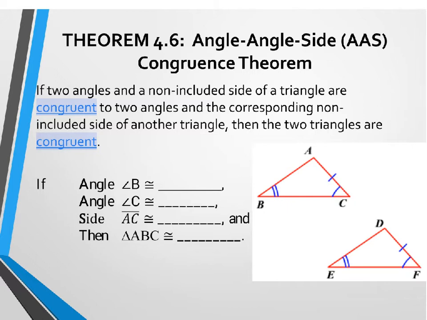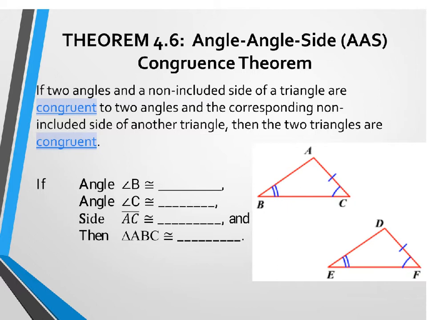So here, going in order counterclockwise, we have angle B, go to the next angle, angle C, and then side AC. And those are congruent to angle E, then angle F, and then side DF. So all of those need to be shown congruent in order to show your two triangles are congruent with angle angle side.